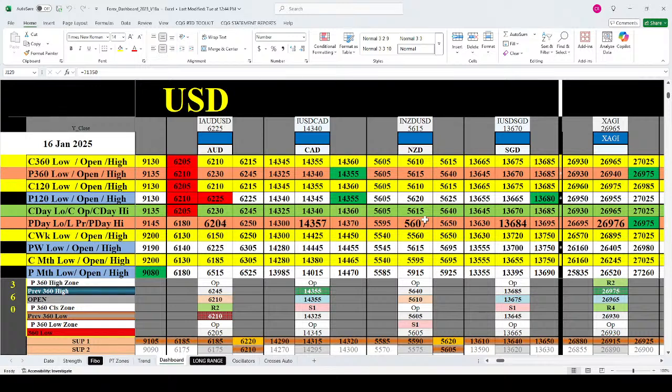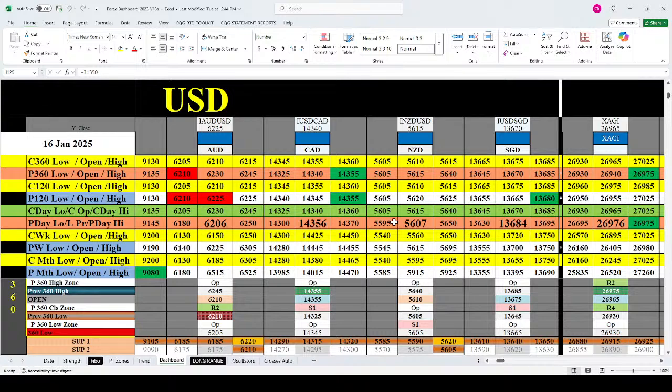Right now this is trading between yesterday's low and current day low. So if that is the case, we should be looking to buy somewhere near 55.95, or in between 55.40 and 55.95.